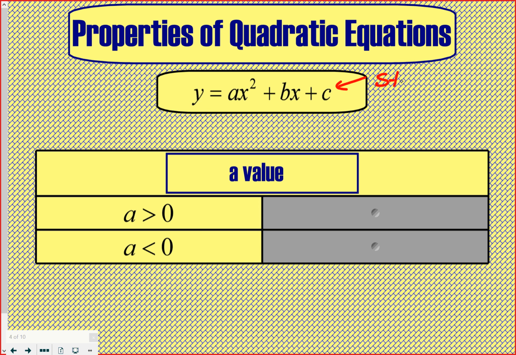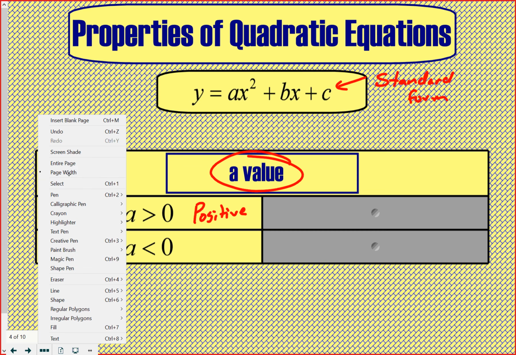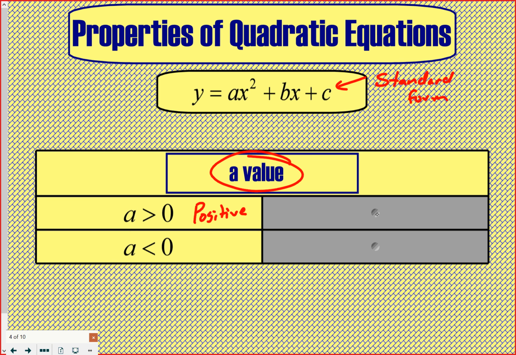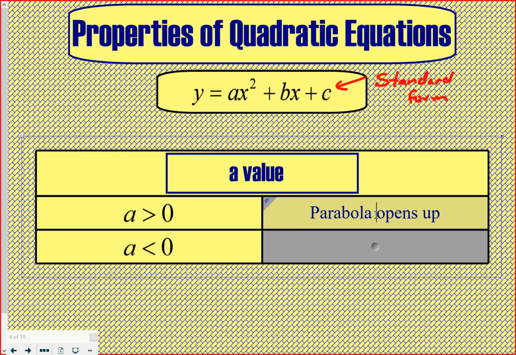Okay? Now, looking at the standard form, we should be able to determine whether your graph is opening up or opening down, okay? What we're going to do is look at the a value. By just looking at the equation, I should be able to determine that. So if my a is greater than 0, or in other terms, if my a is positive, I know for a fact that my graph is going to open up, okay?